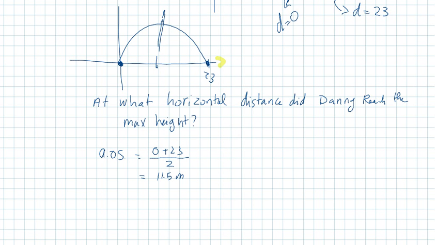So then you reach the maximum height at 11.5 meters horizontal. Makes sense? Okay. Now, what is Danny's maximum height?